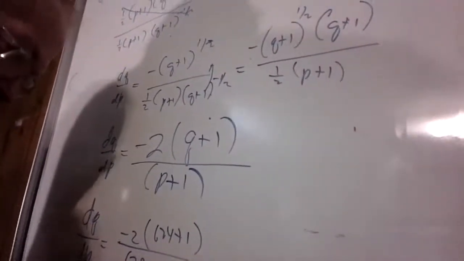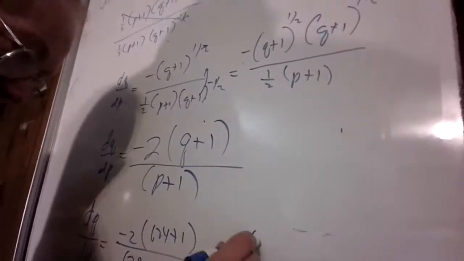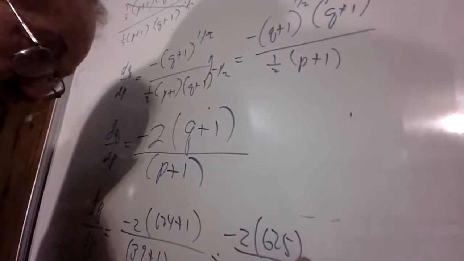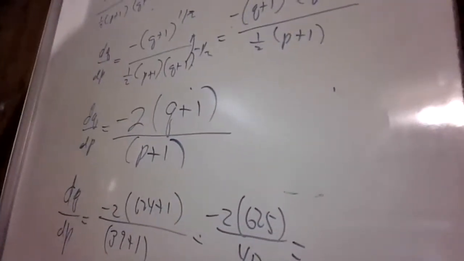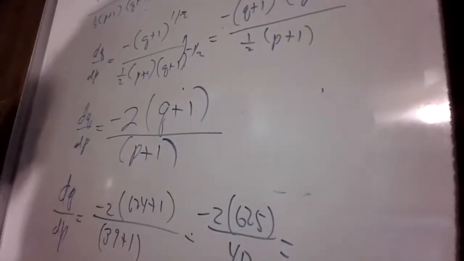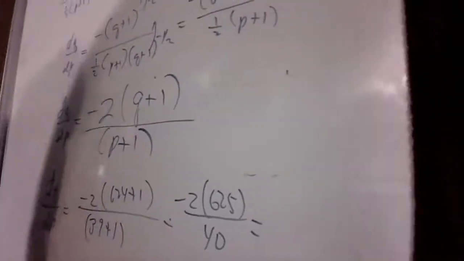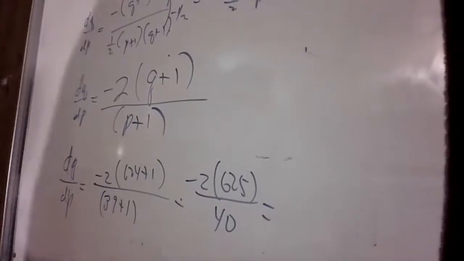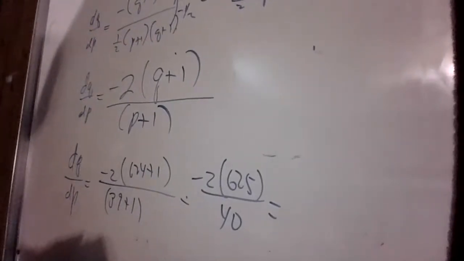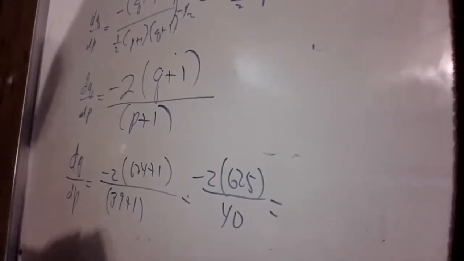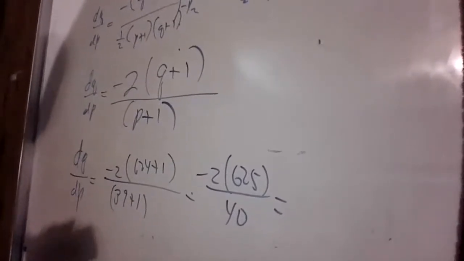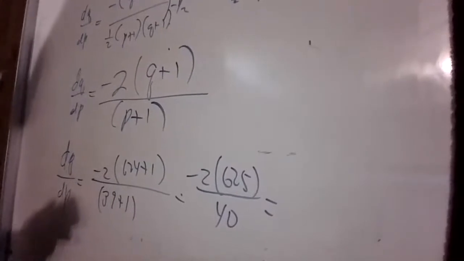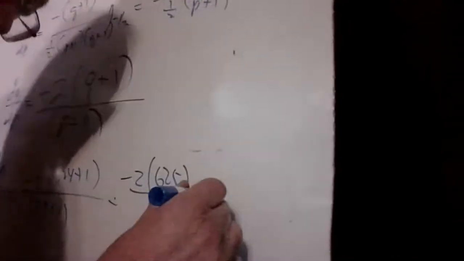So that's minus 2 times 625 over 40. Now, I haven't done that out yet. If I can find my calculator, I will do it for you. I solved it to this point, but I didn't go any further. 31 point something. Yeah. Going to be minus 31.3.